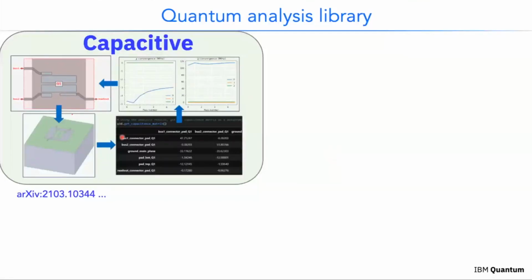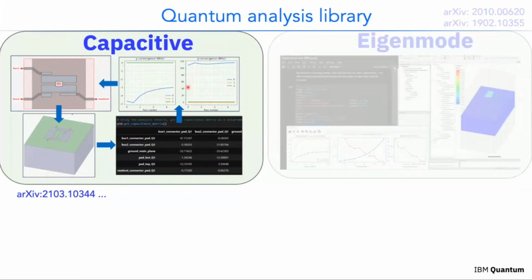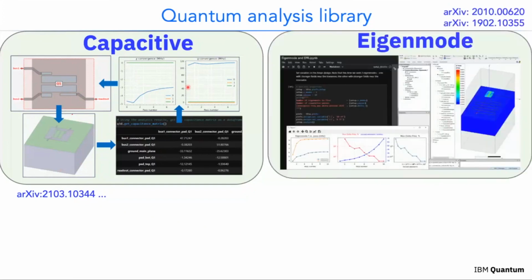In the capacitive approach, which I'll give you a nicer overview of in just a minute, you can start with a physical design, export it to some quasi-static simulator, get a matrix and get out properties. Then there's the eigenmode approach, which I'll also talk about.